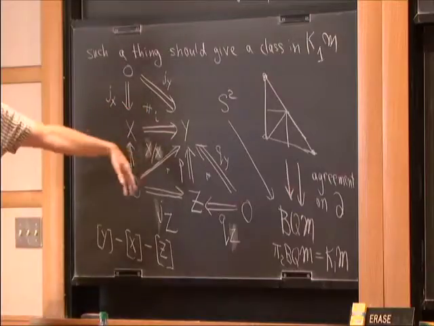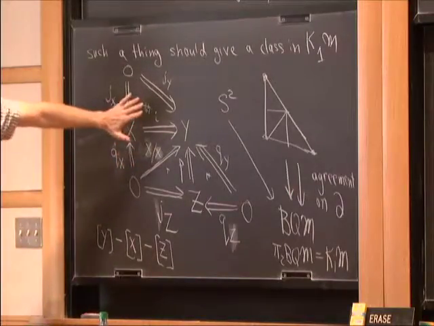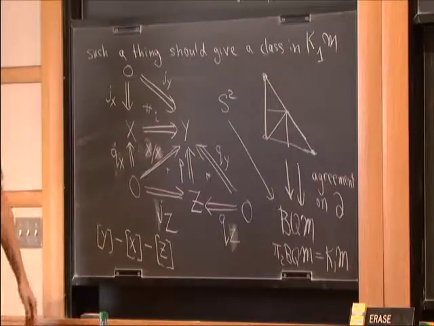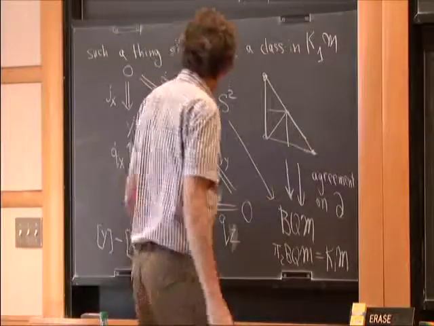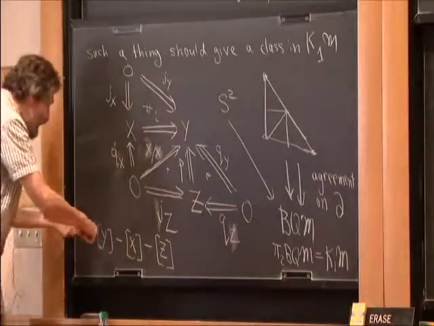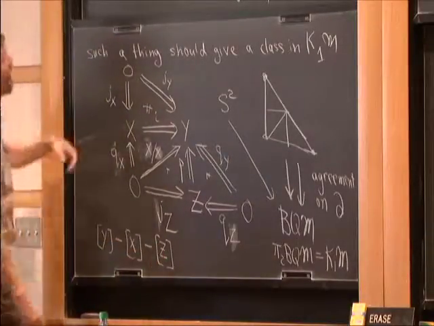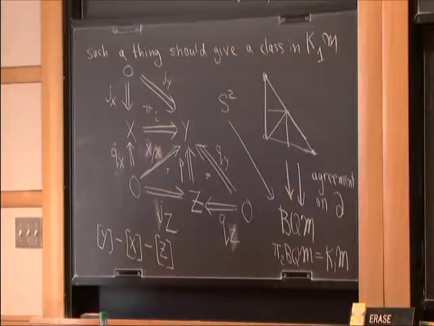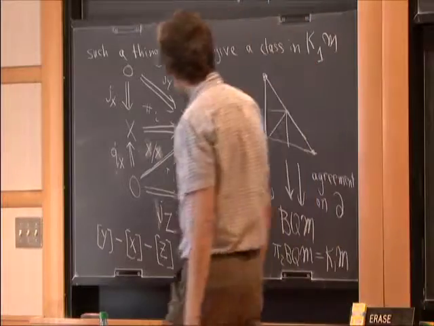And then we have 2 ways of filling this in from a map from the 2-ball to the space, 2 proofs that it's 0. And so, in other words, we're proving twice the equation that y is equal to x plus z, which is what short exact sequences do in the Grothendieck group by definition. We're proving that twice and using that to get an actual map from the two-sphere in.